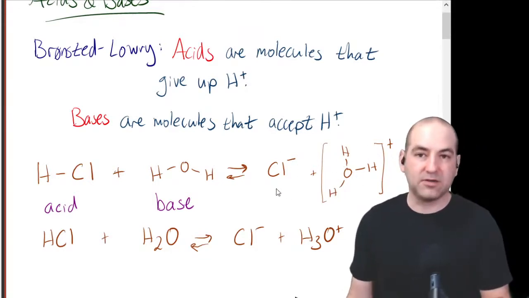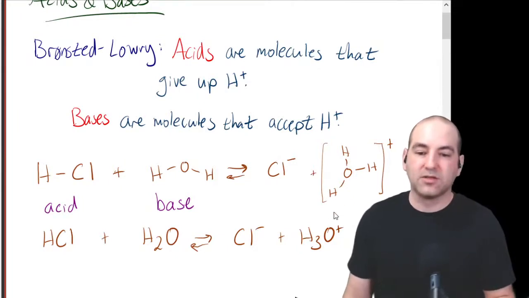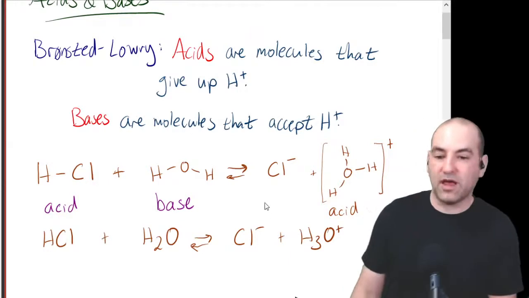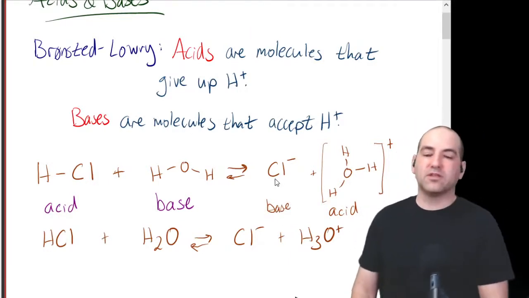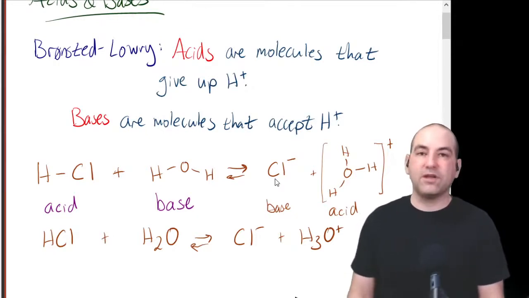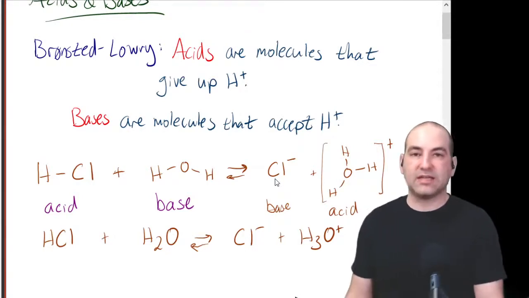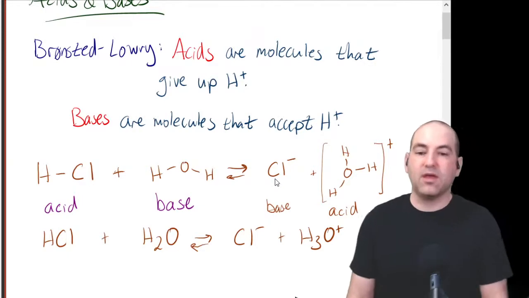Chloride can't give up hydrogen if it doesn't even have any. So this has to be our acid for the right to left version, and then this is our base. As you'll see, every acid-base reaction works this way. You transfer the hydrogen, and each side has an acid and a base.